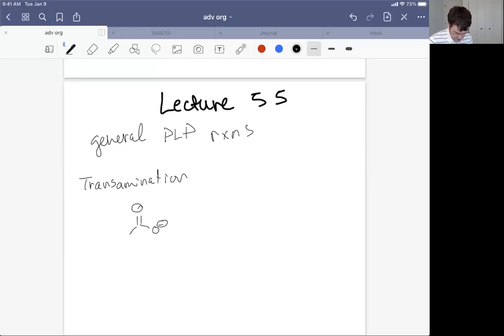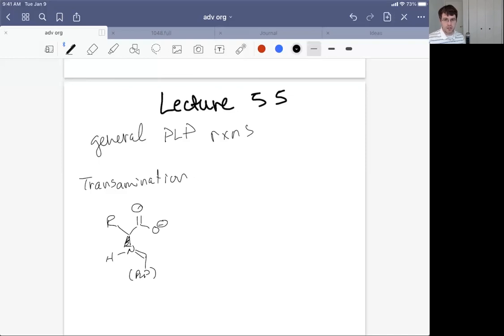So the transamination deals with this structure. We have our R group, and what I've got here is just PLP, adducted by way of an external aldimine to our amino acid.